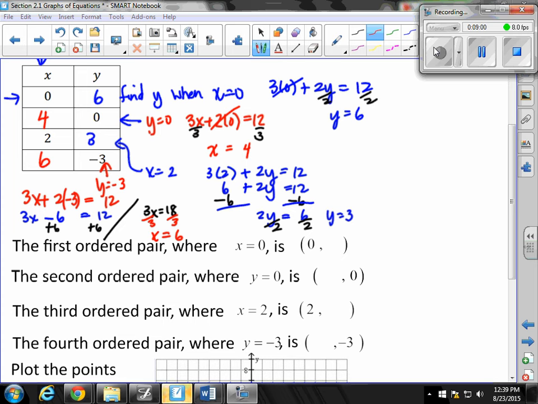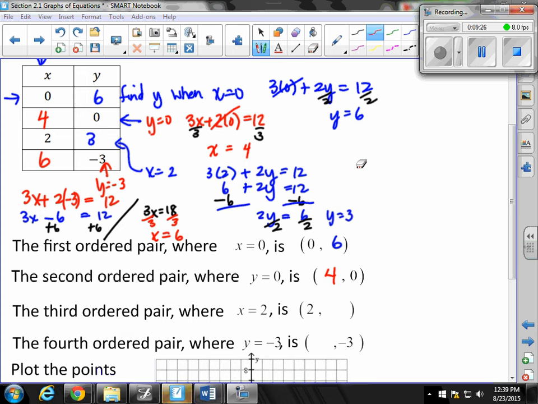And now you can leave it in chart format. Some of the homework, though, is going to ask you to rewrite those as ordered pairs. The first ordered pair is where x equals 0. So the very first one, x is 0, we found y should be 6. The second ordered pair or point, where y is 0, we found that the x value should be 4.